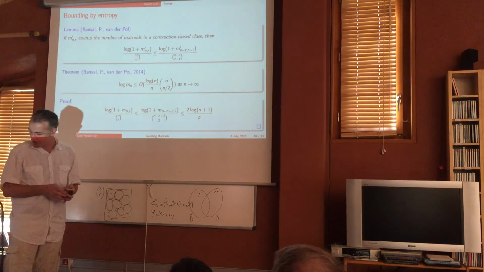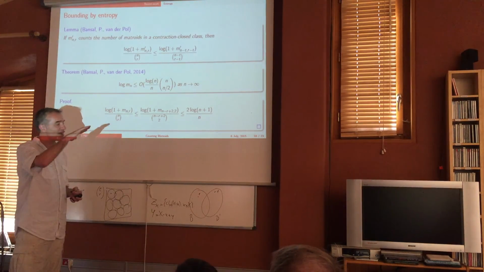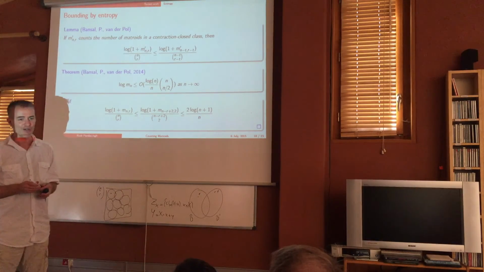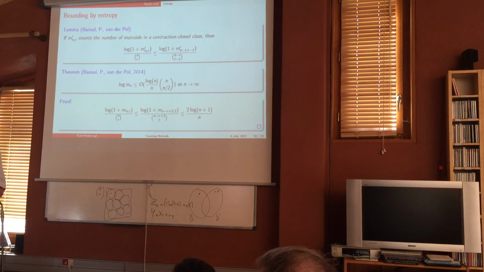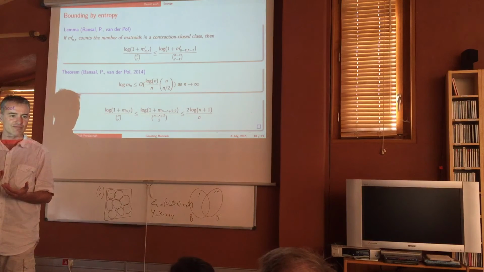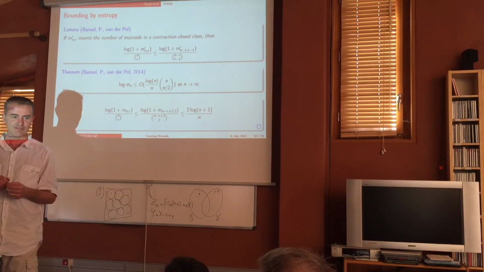But in fact, when you go to rank 3, there is a good argument. Because for matroids of rank 3 without a k-point line, if you simplify them, there's a certain constant upper bound for the number of points that you can have, k squared.